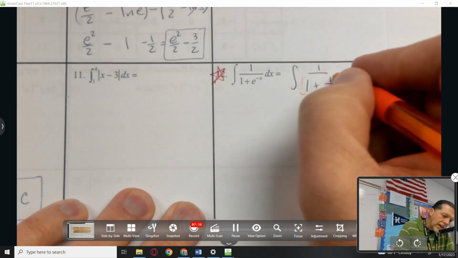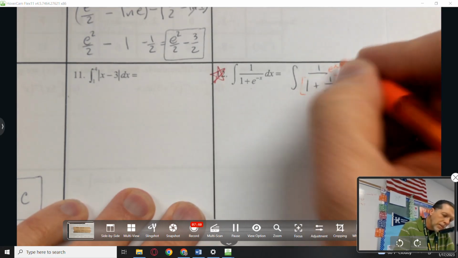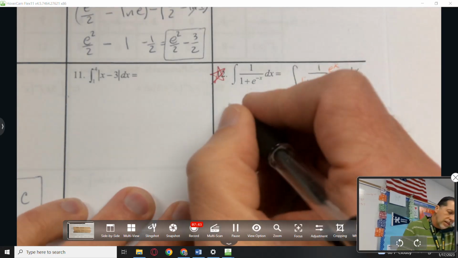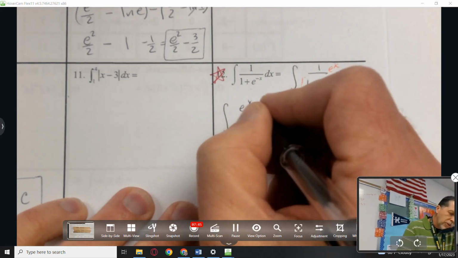But if I then clear out that e to the x by multiplying top and bottom by e to the x, admittedly this is an algebra trick that we're doing right here.